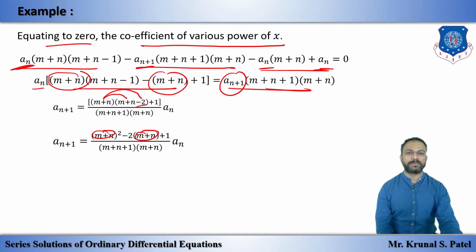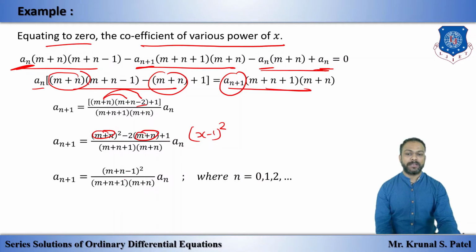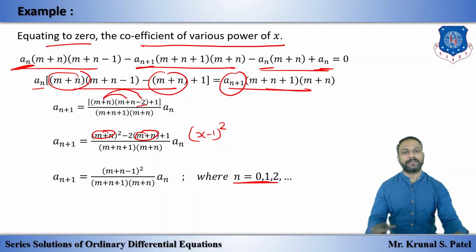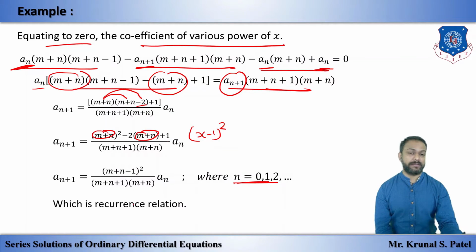So x square minus 2x plus 1, that means x minus 1 whole square, and we decided x as m plus n, so m plus n minus 1 whole square. Here no term is cancelled out, but we have to simplify so we can easily find the value of these coefficients. So here we start n is equal to 0 because in the last collecting step sigma starts from n is equal to 0. This is our recurrence relation.